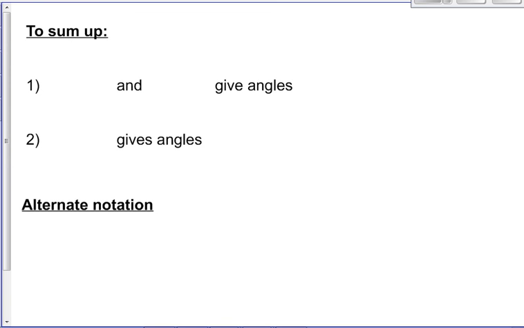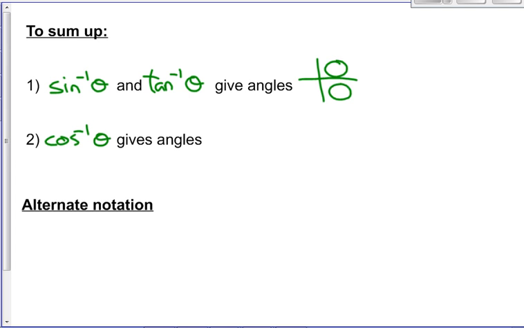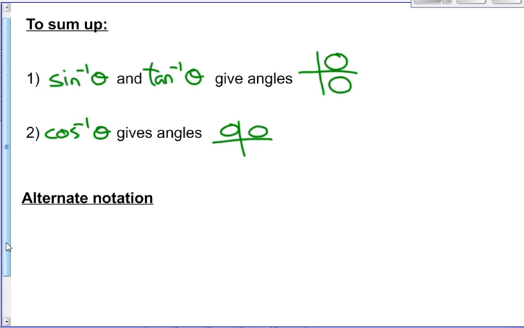Okay, so to sum this whole thing up, inverse sine and inverse tan give angles in quadrants 1 and 4. Inverse cosine gives angles in quadrants 1 and 2. Because those kind of look like exponents, well, they look exactly like exponents, but they don't mean exponents, there's alternate notation that you should be aware of.